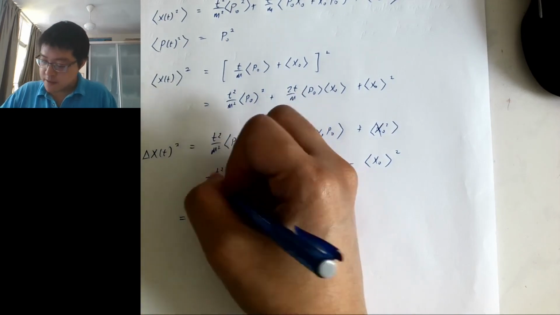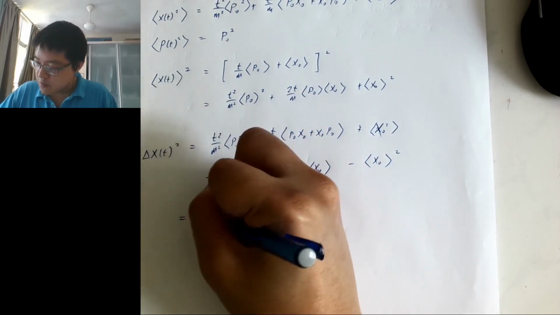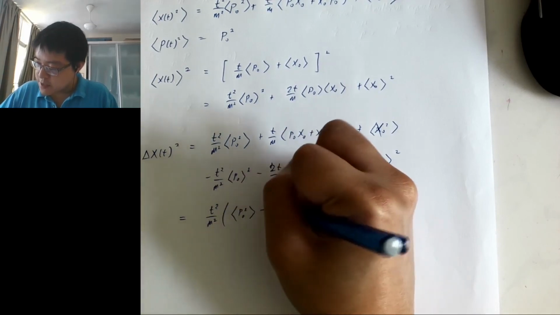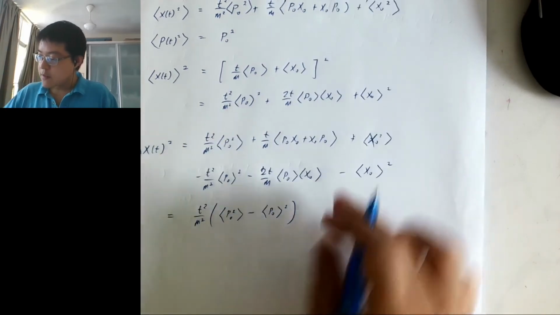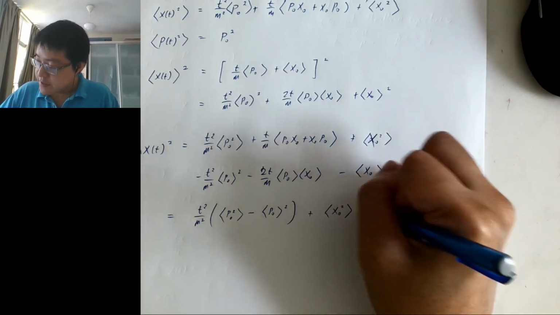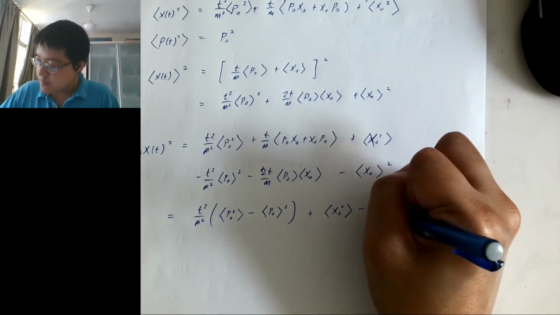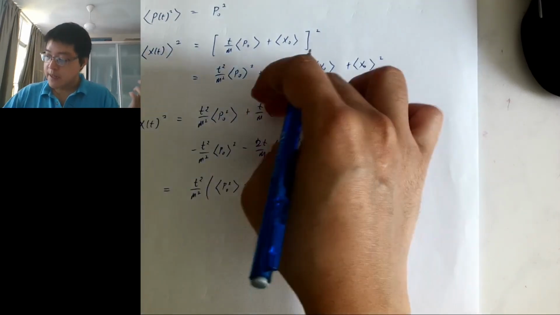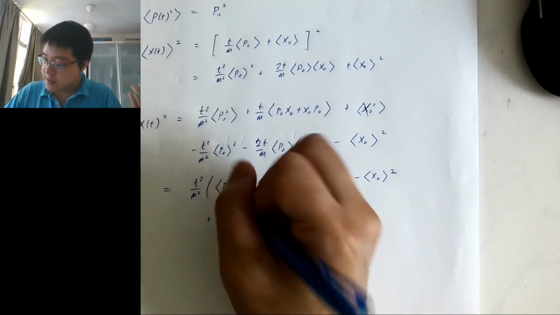Okay, so let us keep the coefficients of t. The first term is t square over m square times the bracket expectation p square minus expectation p the square outside. This term is the variance, or the uncertainty square, of the position at the initial time. And then the linear term is t over m.